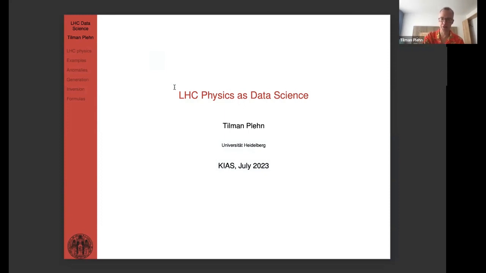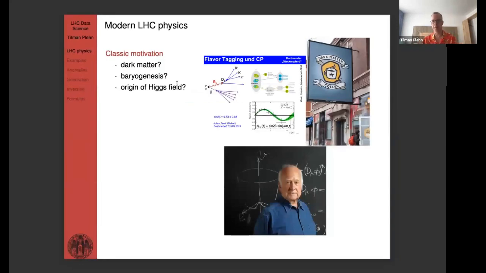But let's start with something that, no matter what we do in particle physics, we shouldn't forget: we're trying to understand something very, very fundamental. Questions like, what is dark matter? Why is there more matter than antimatter in the universe? Where does the Higgs field come from?